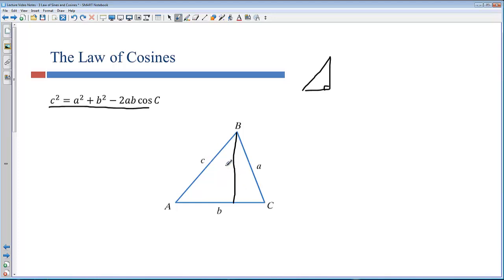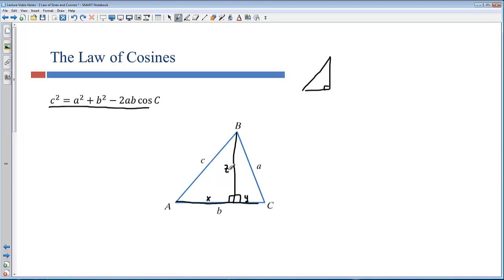I'm going to call this height z, and of course this turns the general triangle into two different right triangles. Then we can use the Pythagorean theorem. We're going to call this x and this y.